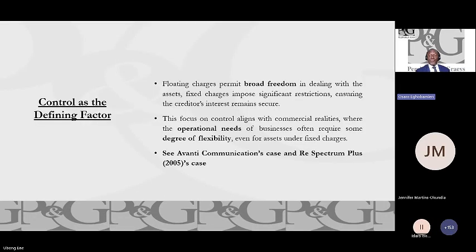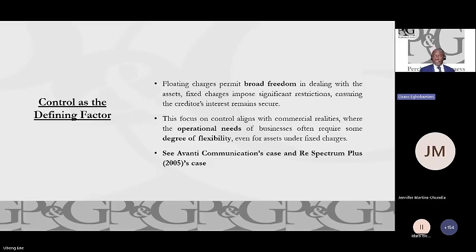And when there is a trigger, that charge immediately becomes a fixed charge and limits what the charger can do with his assets, what the borrower can do with his assets, in favor of what the lender should be able to do with the assets. So the floating charge, the characteristic about it is leaving the assets in full control of the borrower.